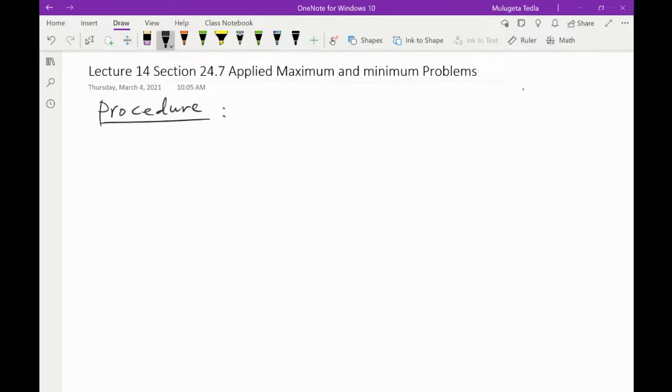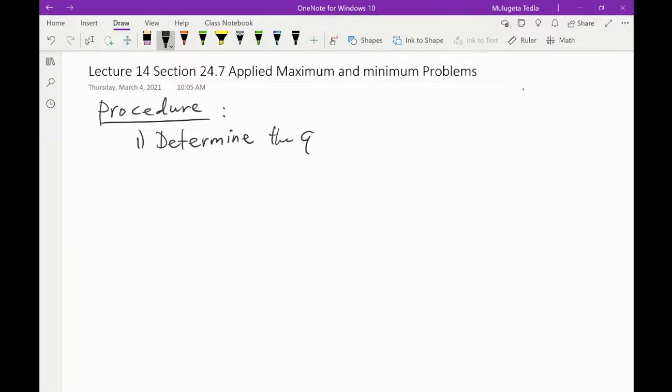A manager wants to know an optimum value within the feasible region, but then the calculus, or derivatives, can help you a little bit on doing that. So as a procedure, I would write number 1 as: determine the quantity f to be maximized or minimized. Sometimes you have to come up with your own formula.